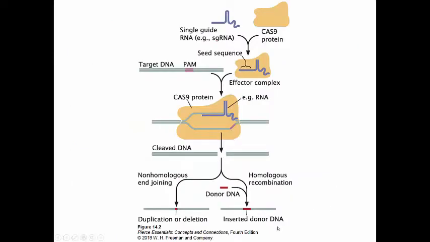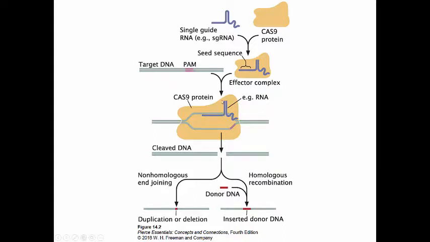This diagram shows the Cas9 protein in yellow here, and a particular piece of guide RNA that helps it to locate the place on the DNA where the repair needs to be made. Scientists can use whatever RNA sequence they want that's complementary with the DNA sequence that they want to target.